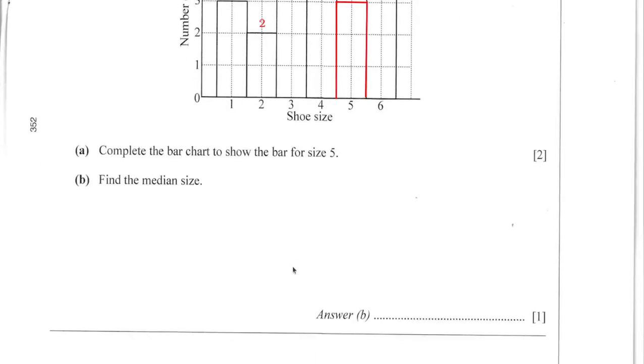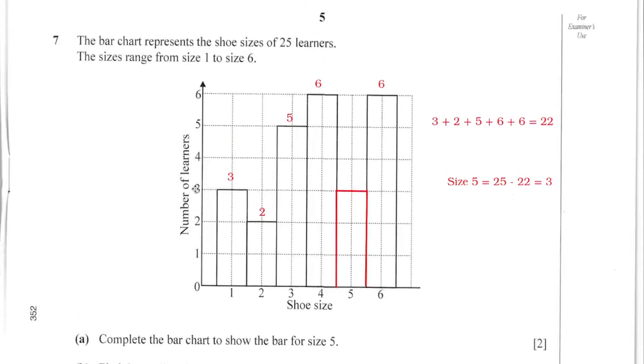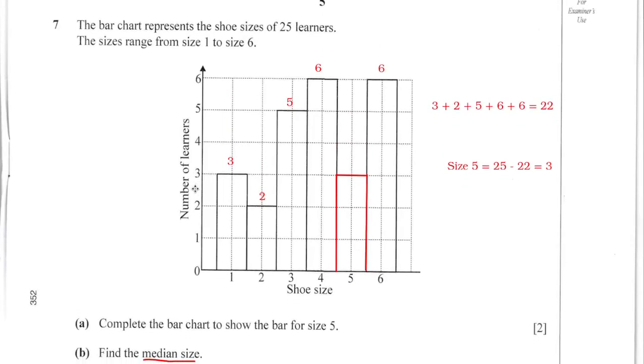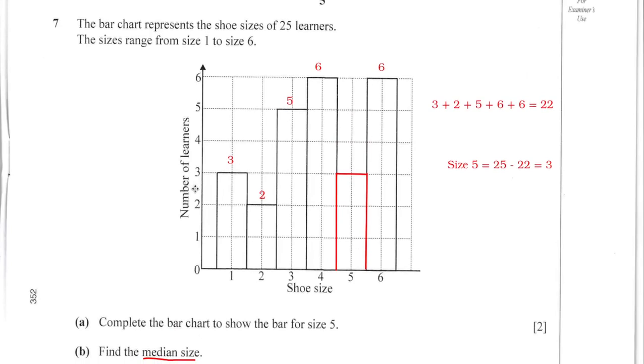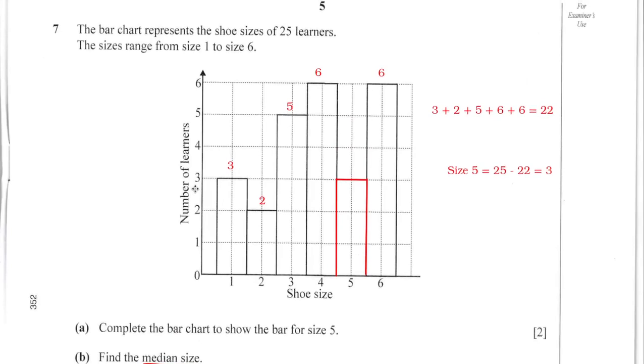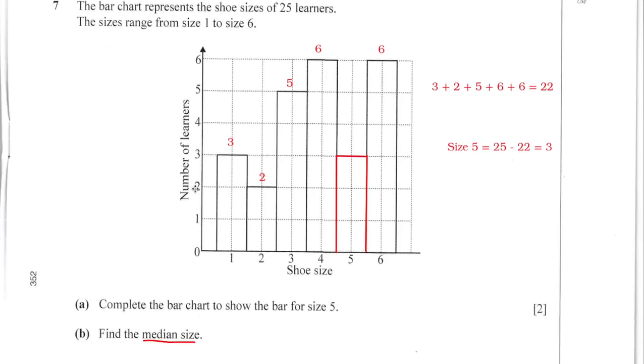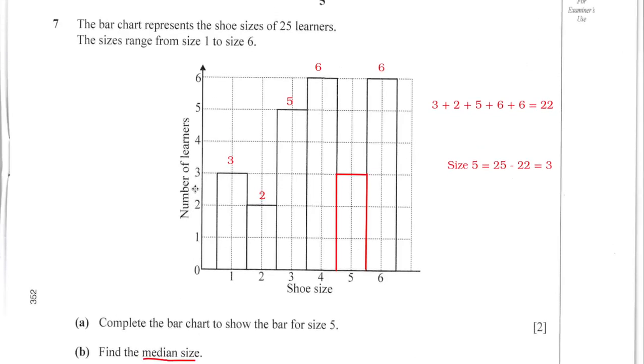Now next question, you are required to find the median size. Now this is just 25 numbers, and 25 is an odd number. So the middle number is position number 13.5?